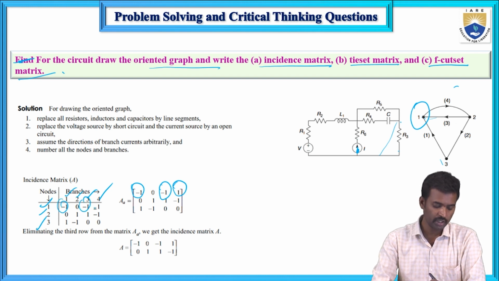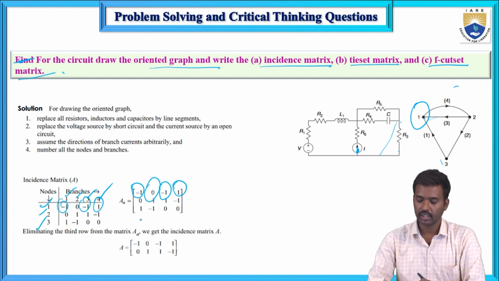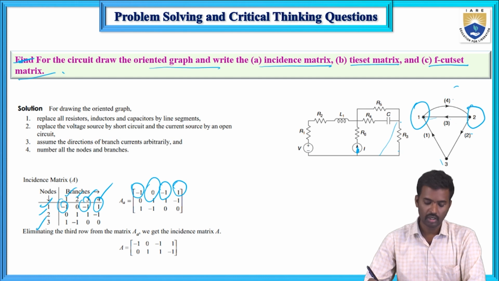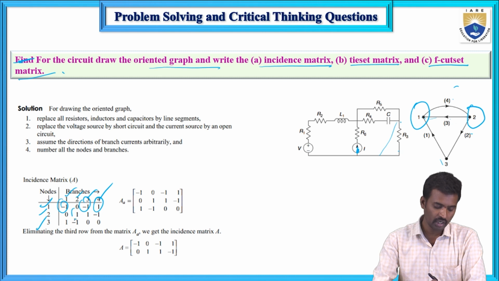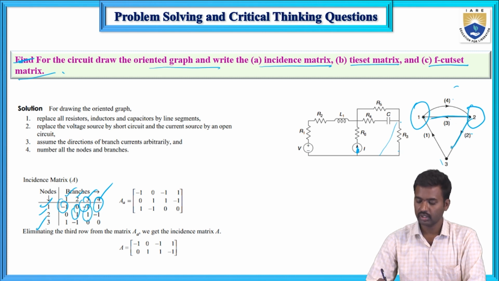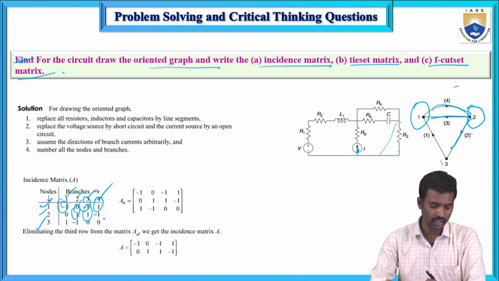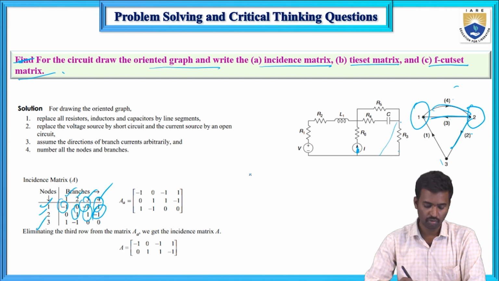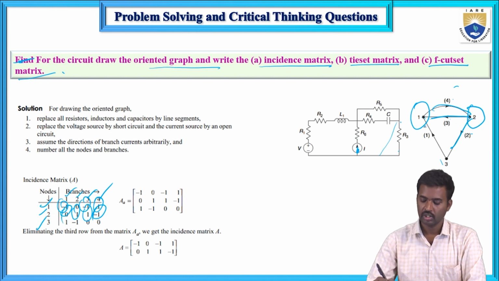So -1 plus 1, and second branch is not associated with node 1. Next the second node, and 2, 3 and 4 are associated. And next here in this case 2 and 3 are leaving, and 4th is entering, so that is minus, and 1 is not associated, that is 0.